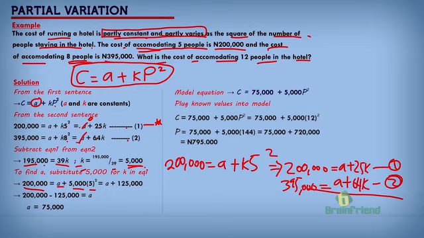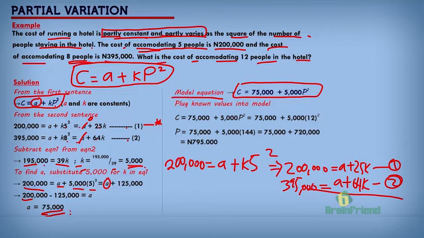So A is isolated when we subtract 125,000 from both sides. 200,000 minus 125,000 is equal to A, which is 75,000. So A is 75,000. We have our A value and our K value, and we can impute that into our formula here to have C is 75,000 plus 5,000 P squared. This is our model equation.